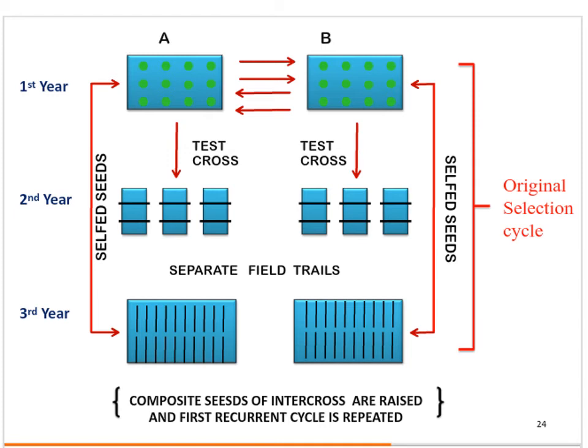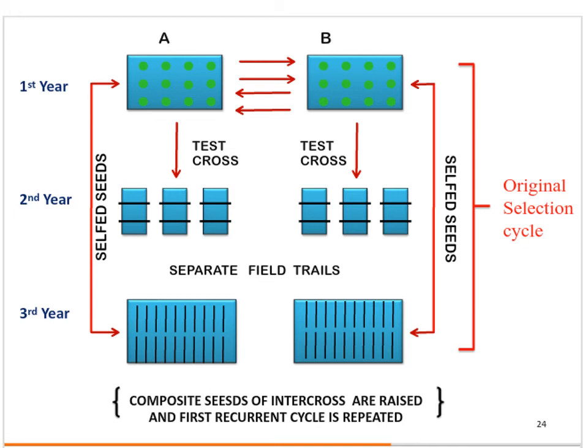First year: several plants are selected in populations A and B. Selected plants are self-pollinated. Each selected plant from A is test crossed with several random plants from B and vice versa. Test cross progeny and selfed seed from each selected plant are harvested separately. Second year: separate yield trials are conducted for test cross progenies from populations A and B and superior progeny is identified.